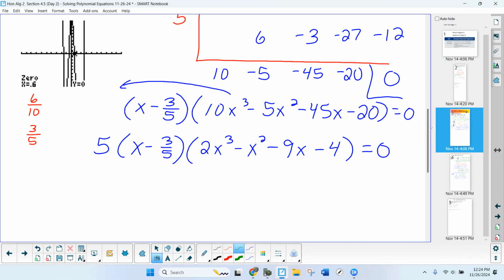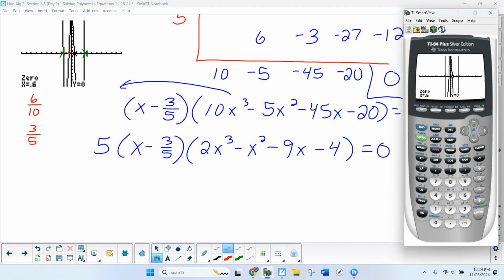Well, remember we said this one was not rational, and this one did not appear to be rational because it wasn't in our list. But this one might be rational. So let's find that one. So second calc, 0. I want to be left bound. So you got to watch it. Jumps quick.